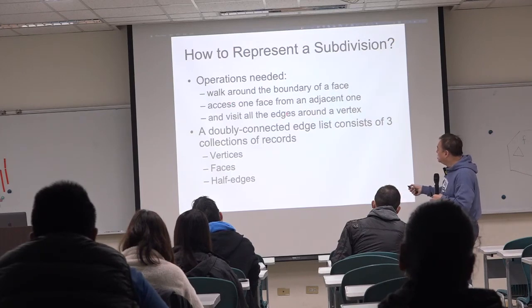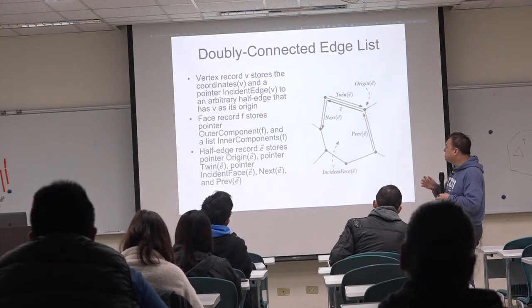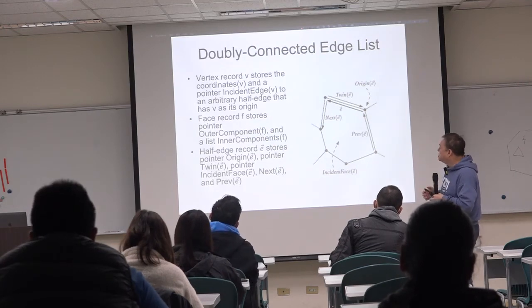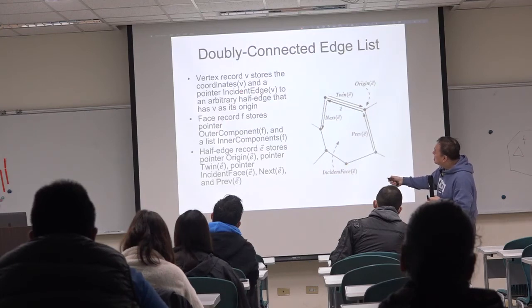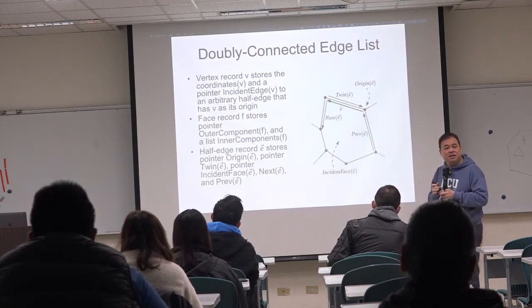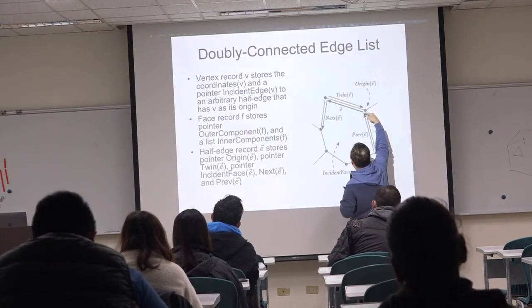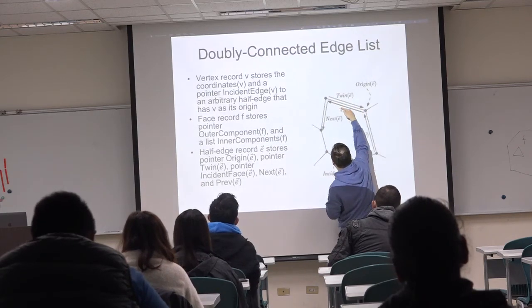Visit all the edges around a vertex. How do we do that? Given a vertex, we have an arbitrary half edge that uses V as its origin, right? So for example, say here, this is one of the half edges.